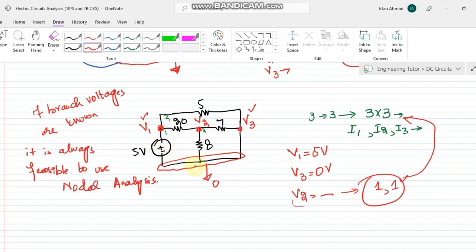It is not always the case, because in most of our problems we selected a reference node with which most of the branches were connected. But you shouldn't follow the same convention if it is making the problem harder for you. You can use any other node if it is making the problem easier for you.